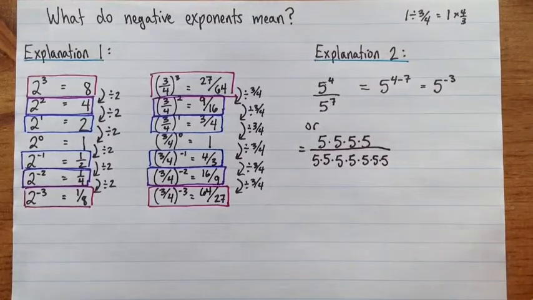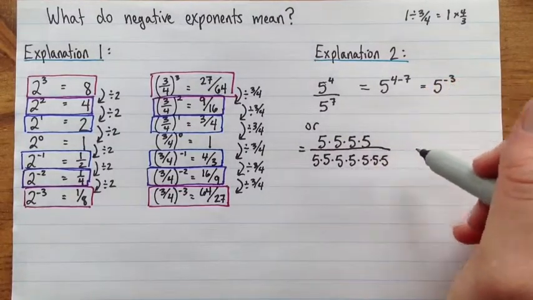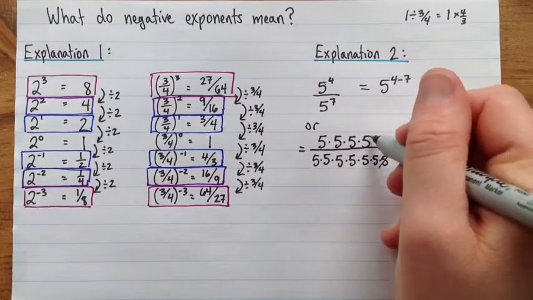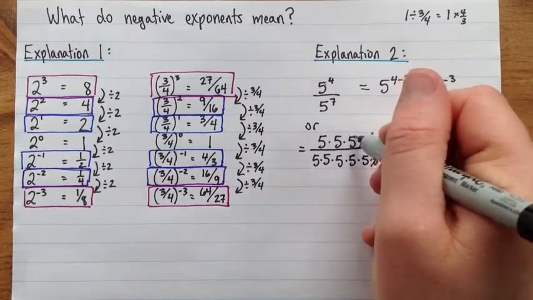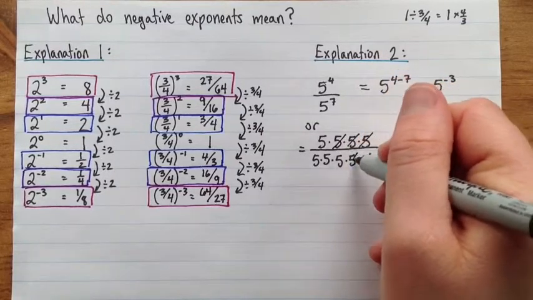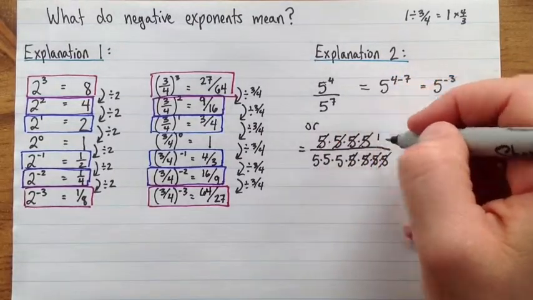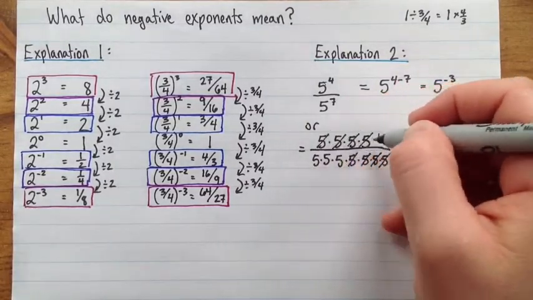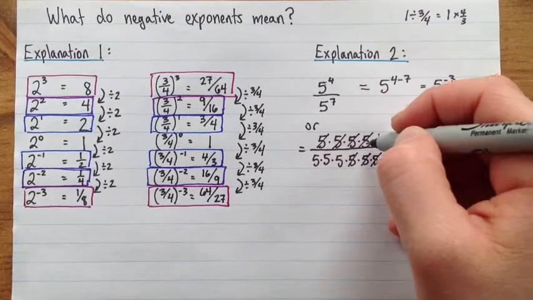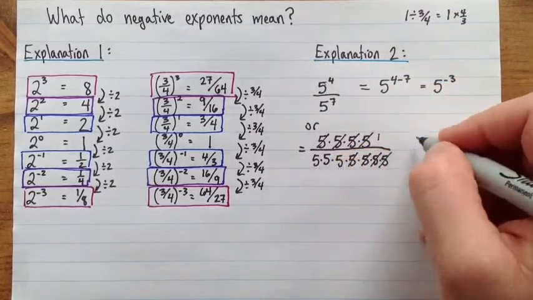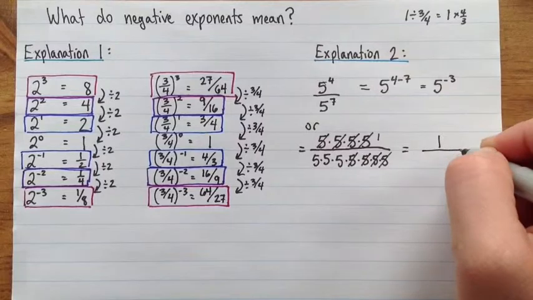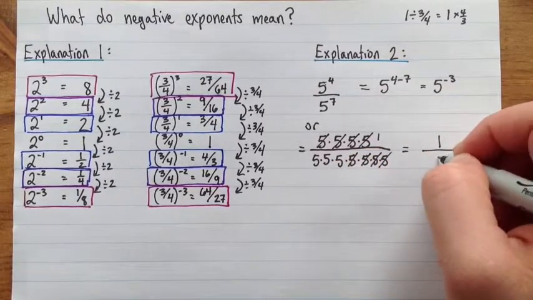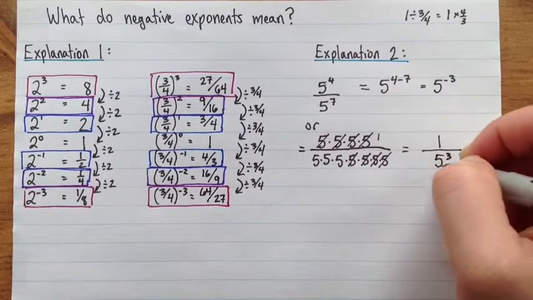Okay? And now, like we saw before when we were looking at exponent rules, we can simplify this. We'll divide the top and bottom by 5. We can do it again, and again, and again. So all we have left in the numerator is 1, because we've taken 625 divided by 5 four times, and we're left with 1. And then in the denominator, we're left with 3 5s. So I could write that as 125, and I'm going to write it as 5 cubed.